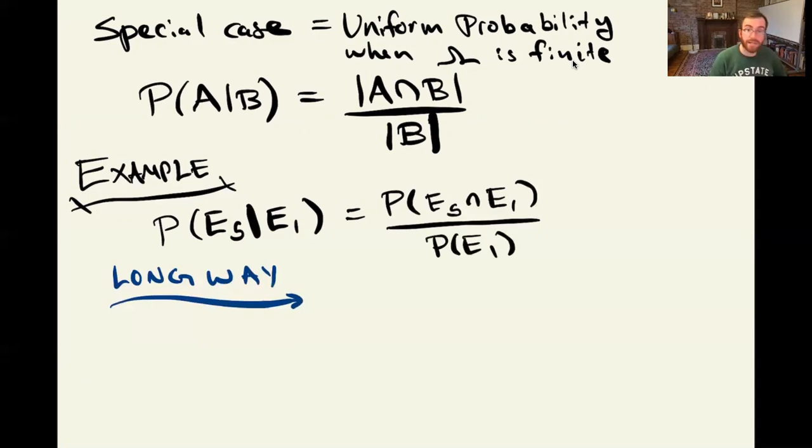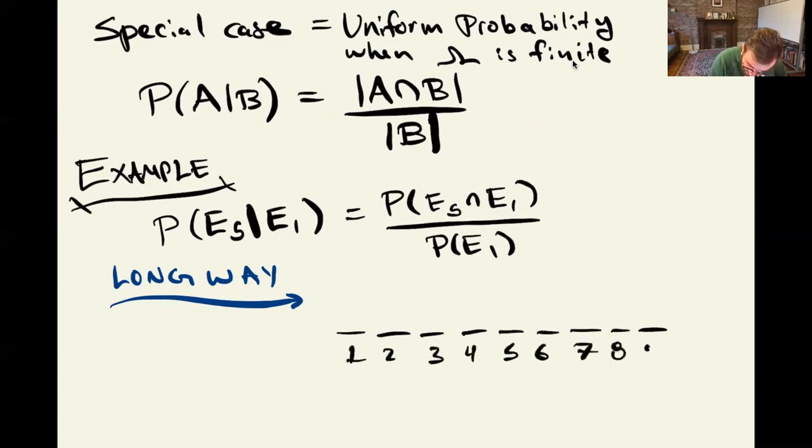The long way looks something like this. So imagine I, again, have my 10 possible draws, because this is all drawing without replacement. And let's fix the setting where I know that a red ball occurred in both the first and fifth position.